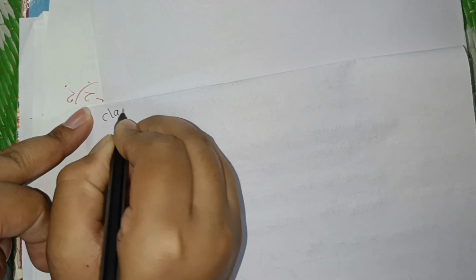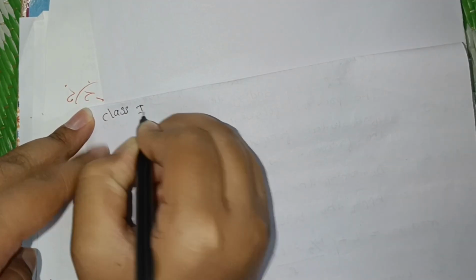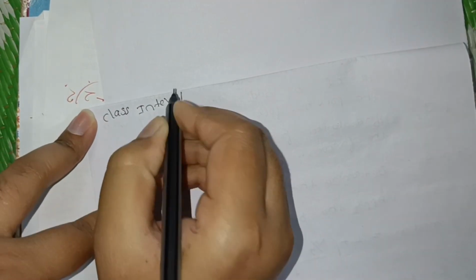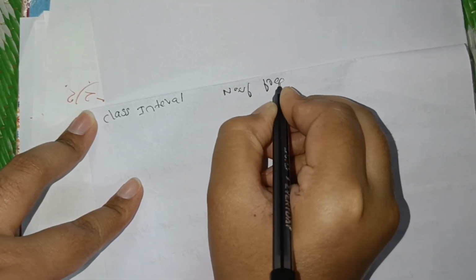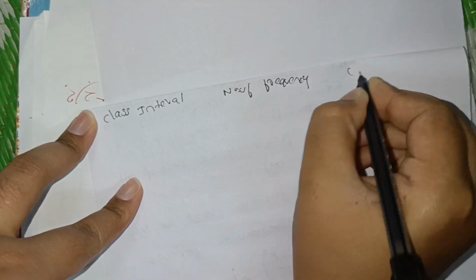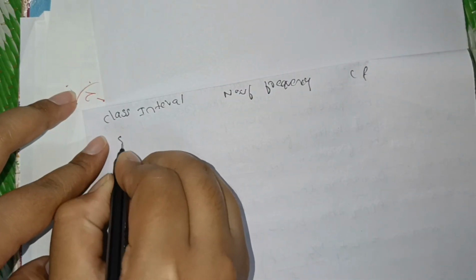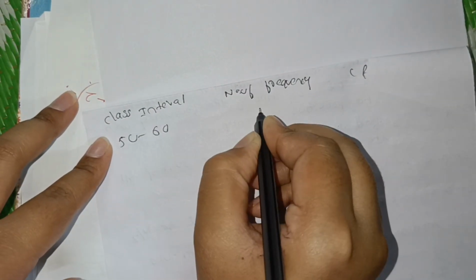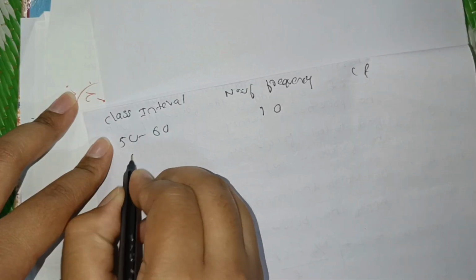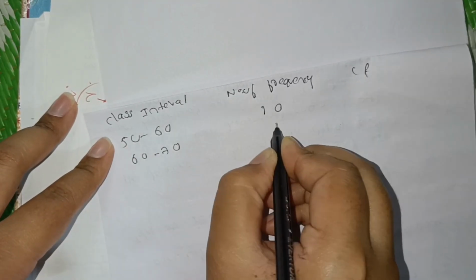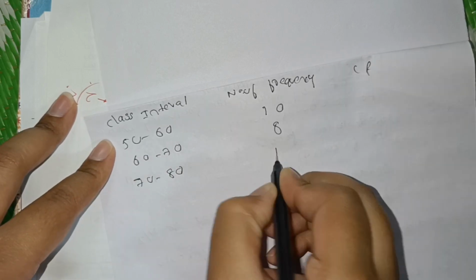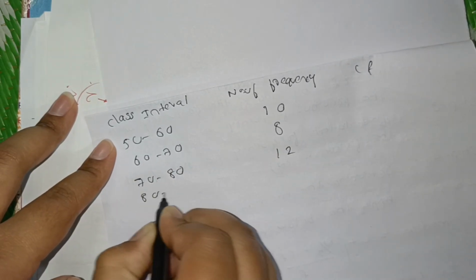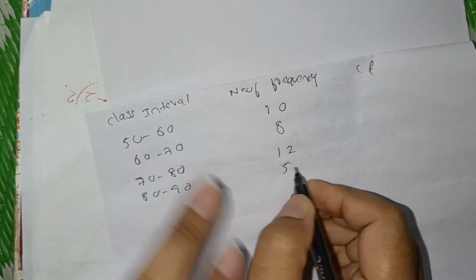To calculate the median, start by taking the class interval, number of frequency, cumulative frequency. Class interval 50 to 60, 10 students scored. 60 to 70, there are only 8 students. 70 to 80, 12 students, and 80 to 90, 5 students.